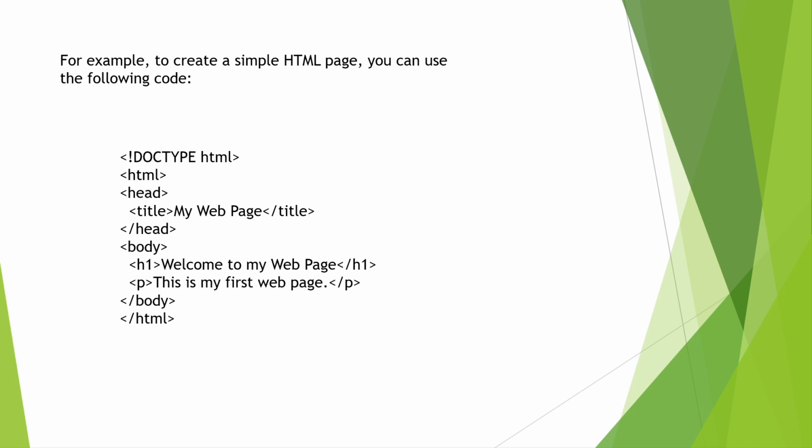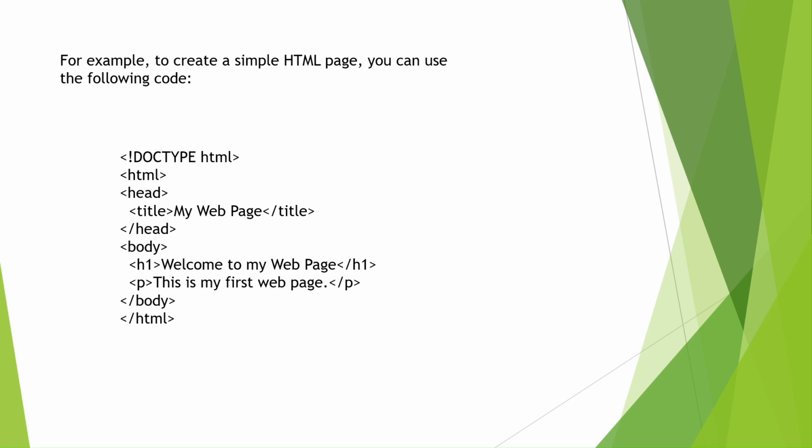The head section contains information about the page such as the title, while the body section contains the content of the page. Overall, HTML is used to create the structure and content of a web page, allowing you to add text, images, links, and other elements to create a visually appealing and interactive website.